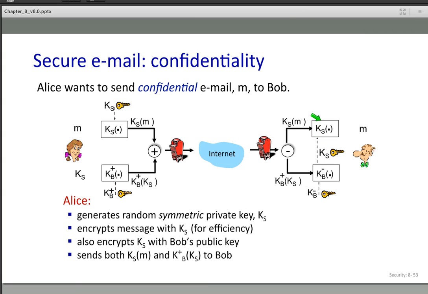And then, using that shared key, Bob can decrypt the message, extracting the message from the encrypted text.